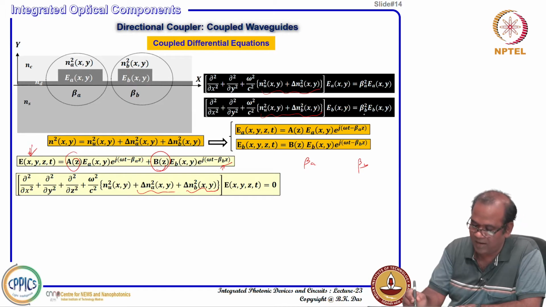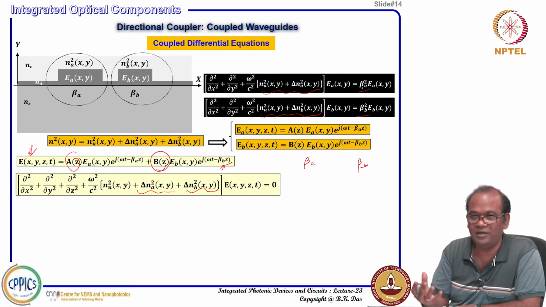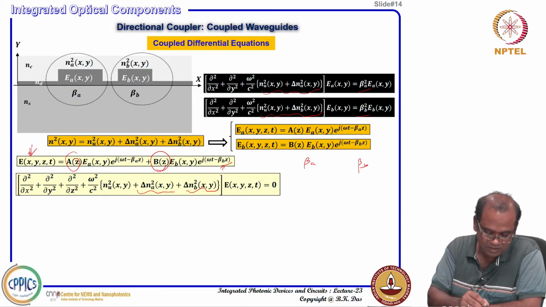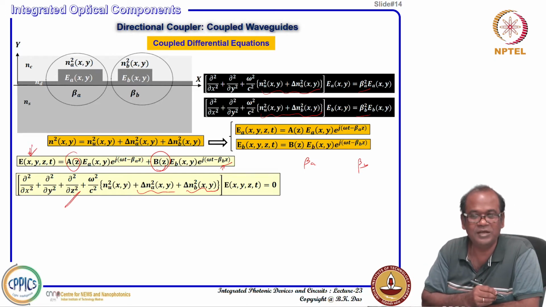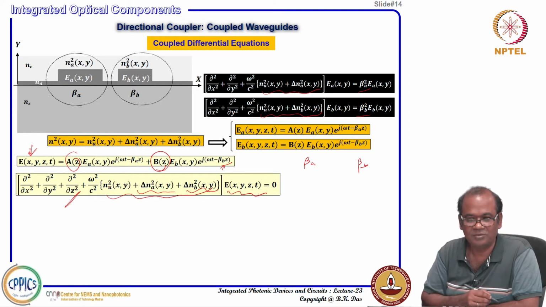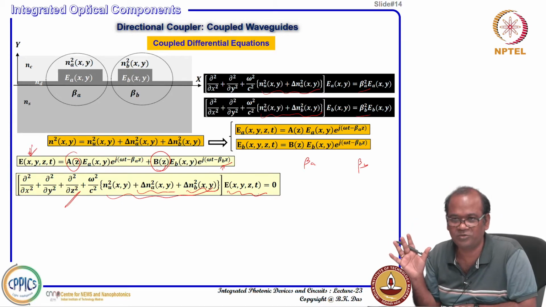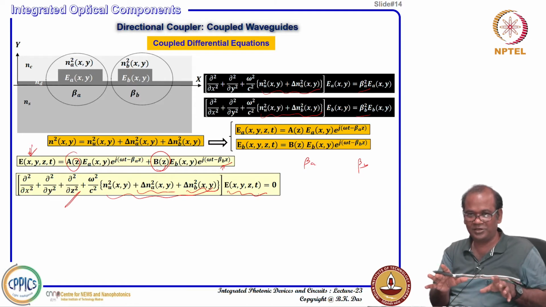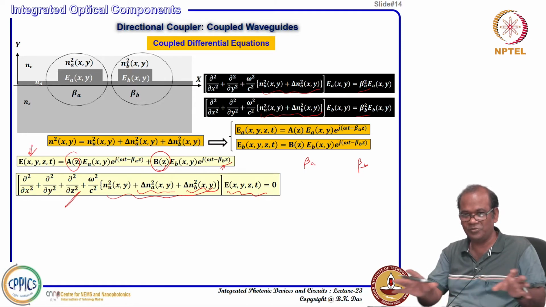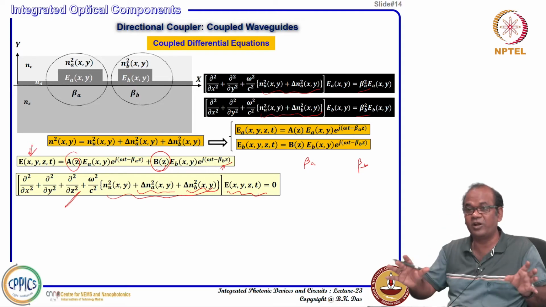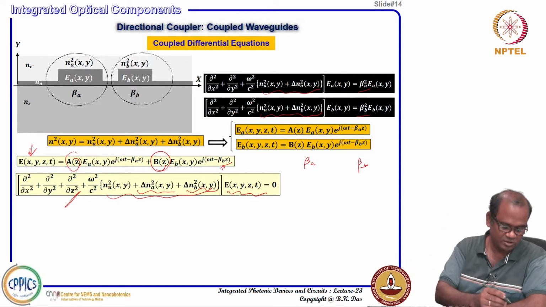So I cannot write beta A squared and beta B squared like individual eigenmode solutions of waveguide A and waveguide B. Rather, I keep del squared by del z squared here, and omega squared by c squared epsilon r, and the total field I am considering. That is the same as the coupled mode equations we have developed, the same process; we are just restricting ourselves to two modes and two waveguides, belonging to two different waveguides, and that is the difference.